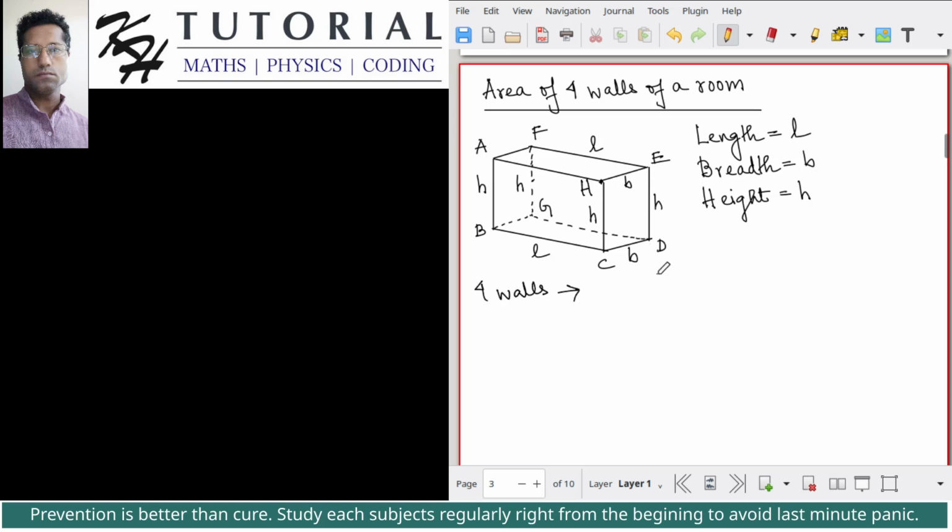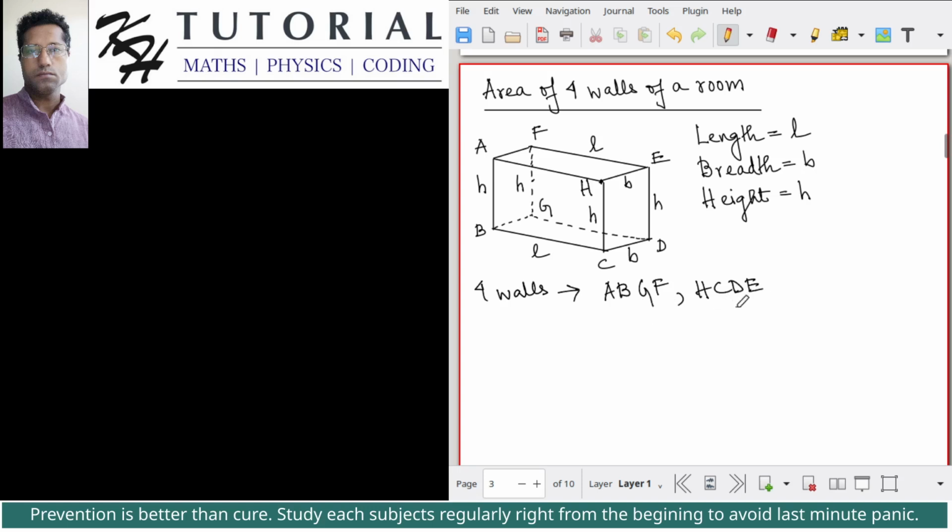So the four walls are the rectangle ABGF, which is one wall, and the wall opposite to it, HCDE. These are the two opposite walls in a room. We all know that in a room there are two pairs of opposite walls.